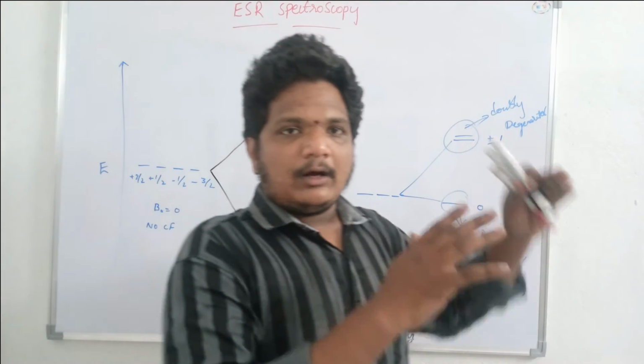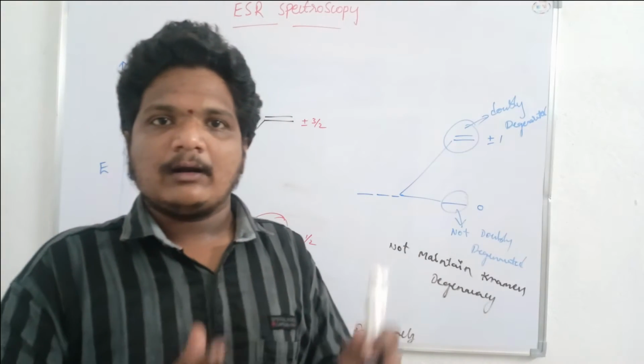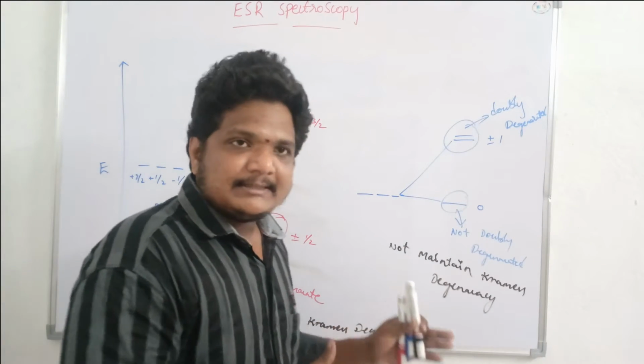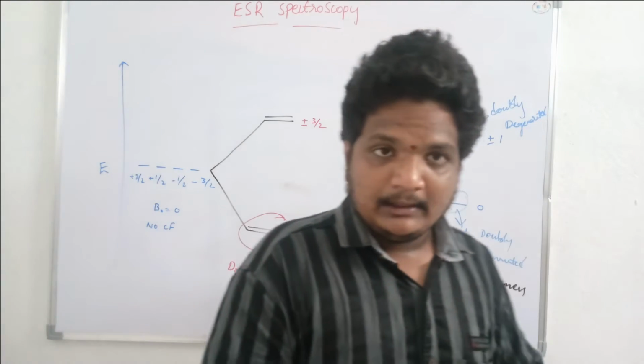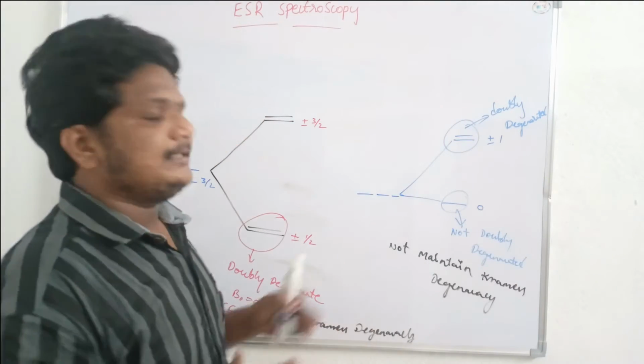If not all the energy levels are in a doubly degenerate state, they do not maintain Kramers degeneracy, meaning it is lost. So that is about Kramers degeneracy.